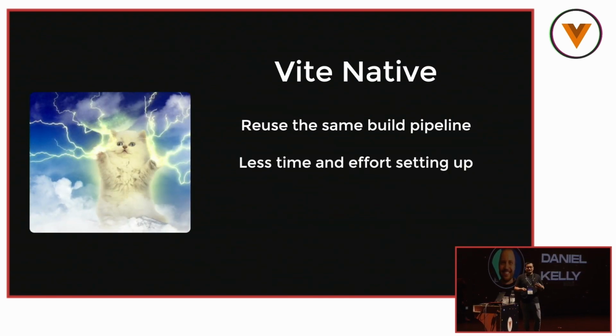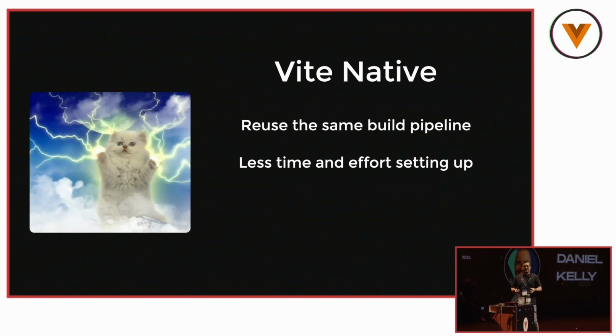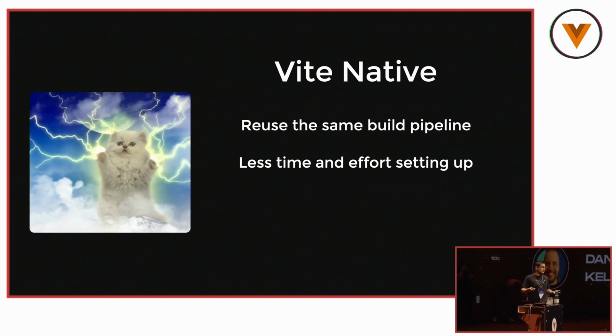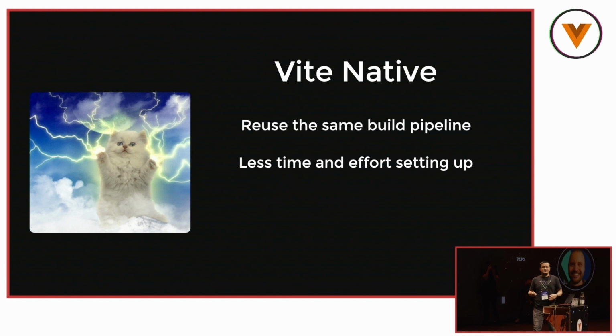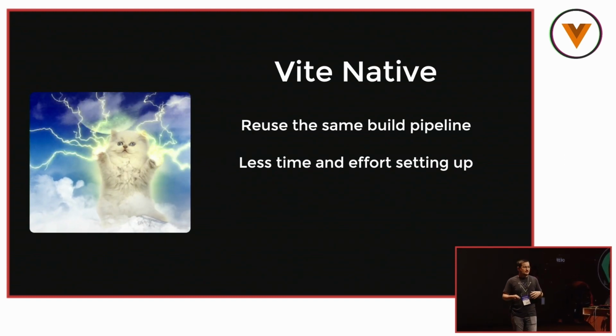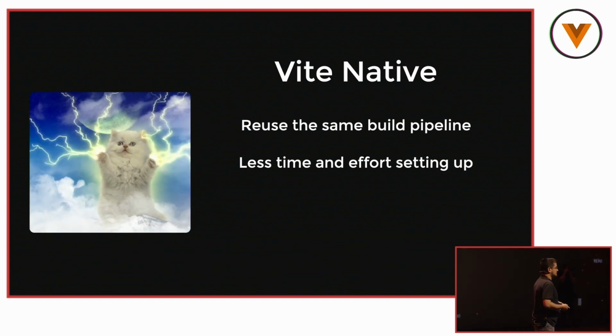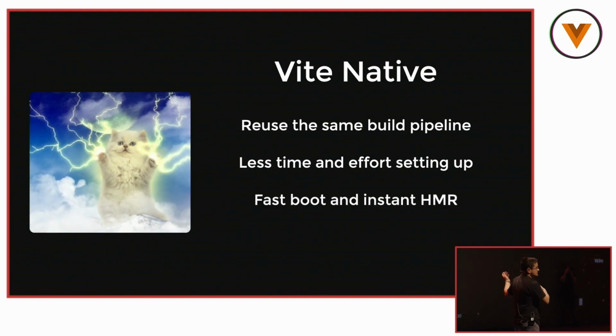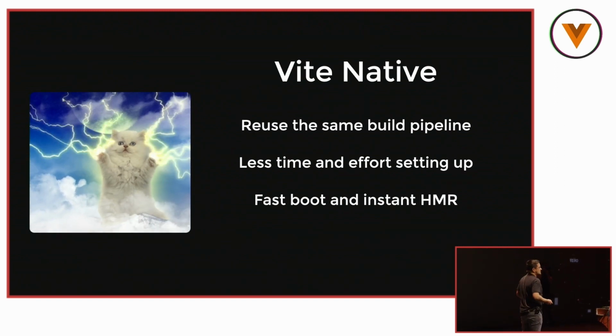Even for the user, it adds benefits because you don't have to configure a lot of stuff. Half of the process is already configured in your Vite configuration file, for example. And we also get all the benefits inherent to Vite, such as the amazingly fast HMR.